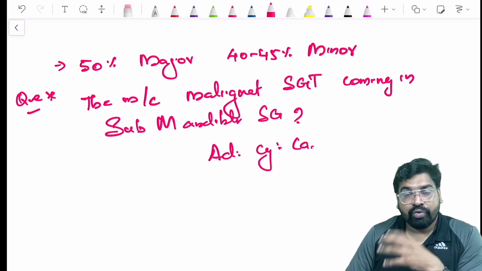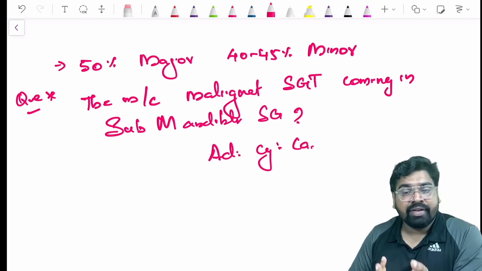Adenoid cystic carcinoma is the most common malignancy that comes in the submandibular salivary gland.